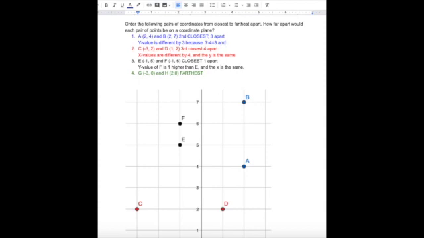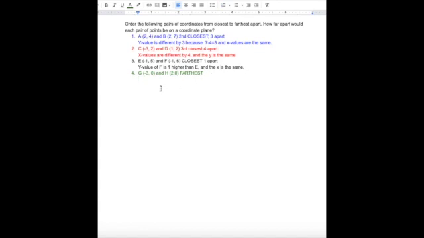The Y value is different by 3, because 7 minus 4 is 3, and the X values are the same. And for G, we have the X values are different by 5, because 2 minus negative 3 equals 5. And the Y value is the same.